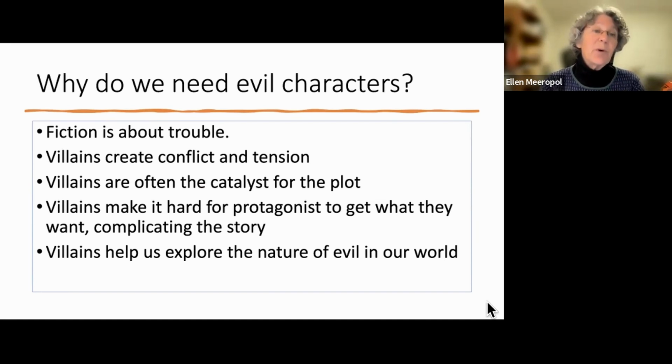Fiction is about trouble, and villains create conflict and tension. They're often the catalyst for the plot. They make it hard for the protagonist to get what they want, complicating the story. Villains also can help us explore and think about the nature of evil in our world.